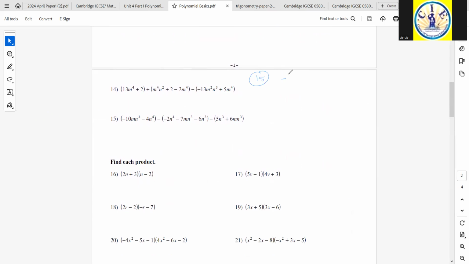Let me write down negative 4n raised to the power 4, and then negative 10mn cubed. Now from this I need to subtract all of this. So negative 2n raised to the power 4, then minus 7mn cubed, and then finally minus 6n cubed.